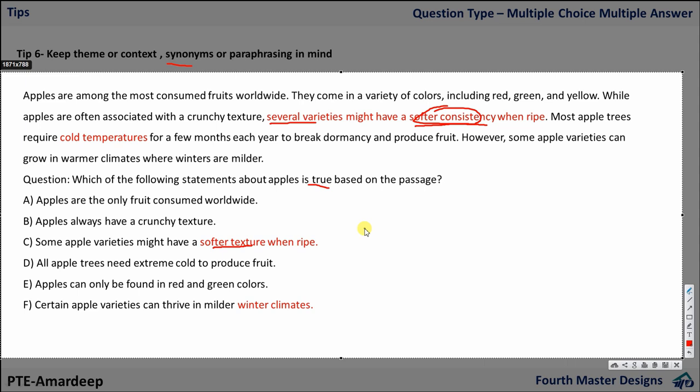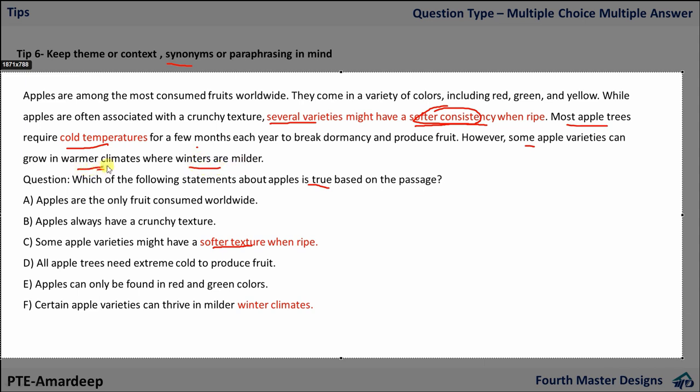Now what is written here? Most apple trees require cold temperature for a few months. Most require cold, some require warmer, where cold is a bit less, where winters are milder.